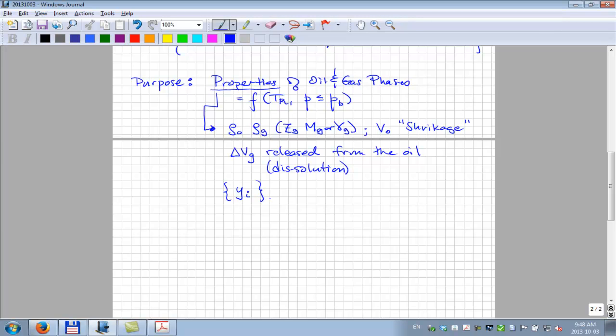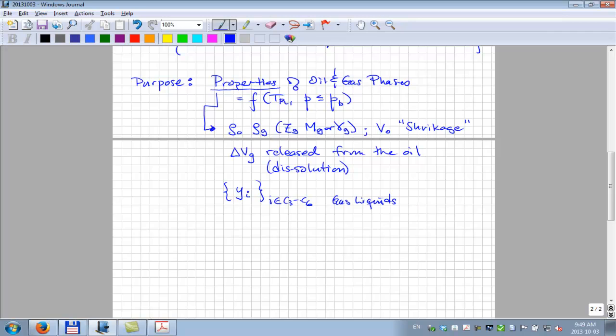So it's basically these intermediate components, C3 to C6, that are potential components to extract from the gas and put back into a stock tank oil. Okay? So these are gas liquids, in a sense. That's usually why we want these compositions of gas. But this is kind of optional.